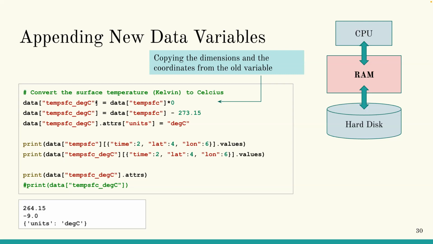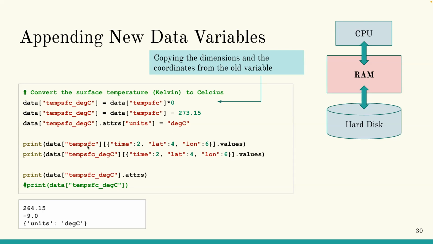We make use of the structure of the old variable, temp SFC, and make it 0, multiply by 0, and then assign that to a new variable. Of course we need to do subtraction, because it's a new variable, right? We need to do some calculation to turn that into degrees Celsius. And then we change the attributes to degrees Celsius. You will have to do this for your homework, okay?